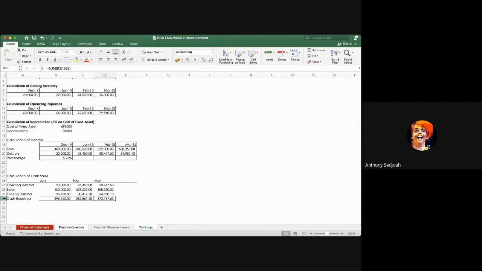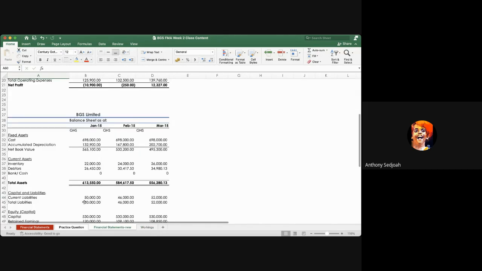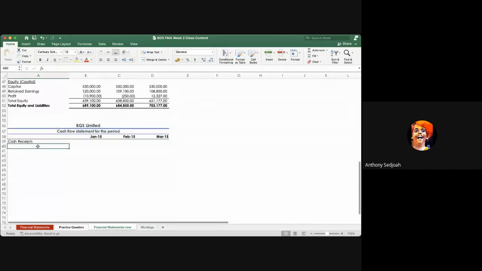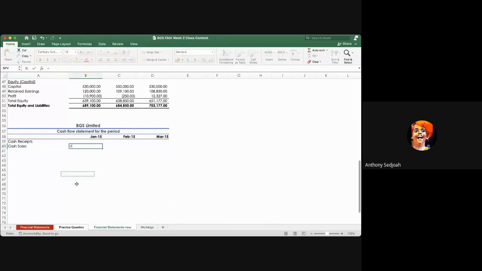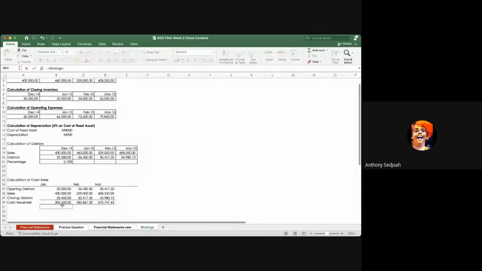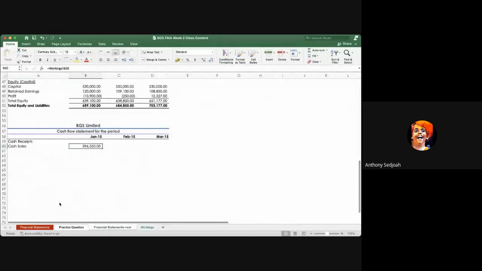So we now know the cash that we received from the sales we made within those three months. Let's send it to the cash flow statement. I'll reference those cells and drag it to the end.